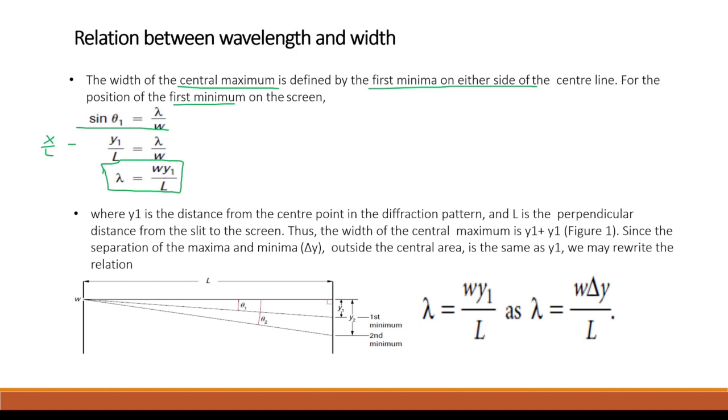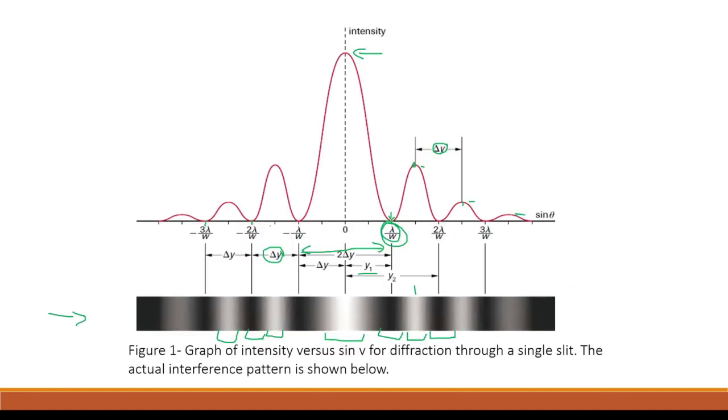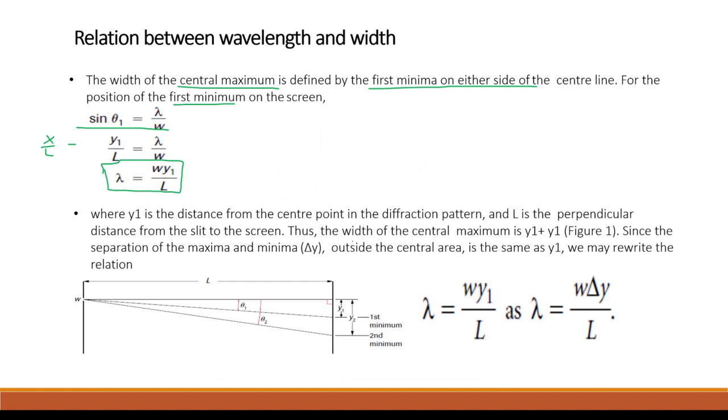But y1 is only really the distance between the first dark spot and the center of the central maxima. So we want to change this to something more universal and not just have y1 there.